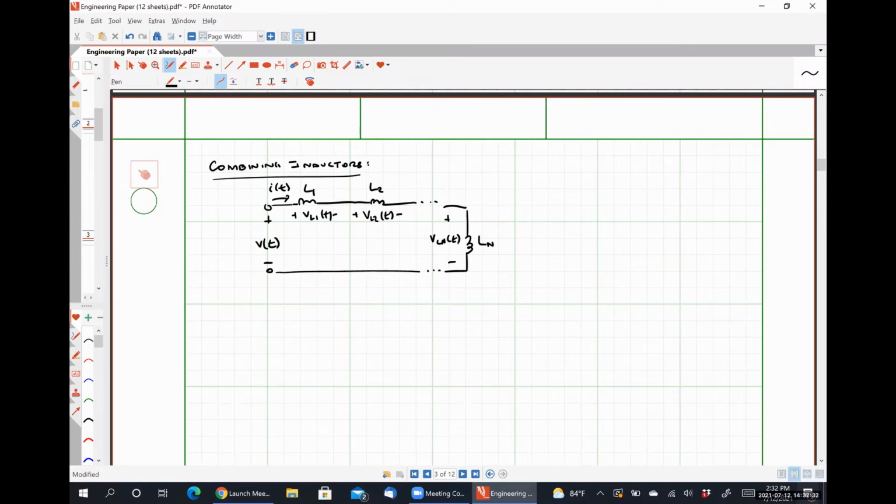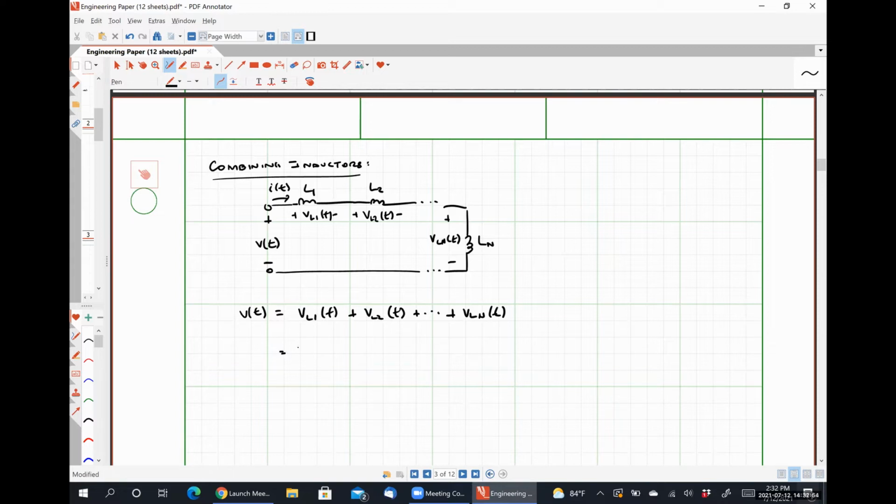And we can prove that rather easily, right? So I could say that V of t is equal to VL1 plus VL2 plus VLN, where I can express all of these voltages.